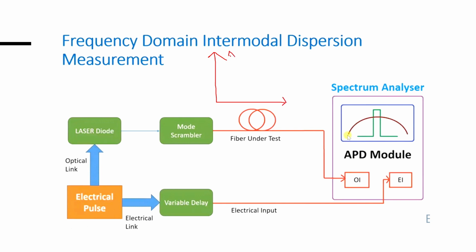Here we will have the amplitude and here we will have frequency. Now the signal will look like this. This is the input signal and this is the output signal, the dispersed signal. And this was a simple explanation of the frequency domain intermodal dispersion measurement.